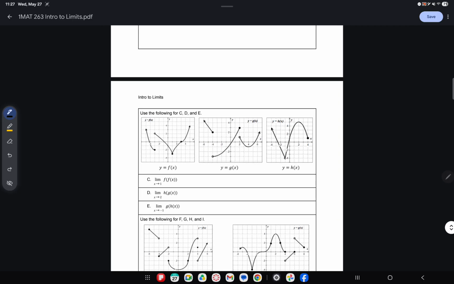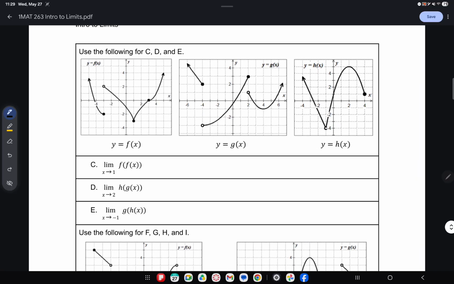Let's look at some more. Both of those were examples where it was like a function within a function of itself. So let's look at some different ones here. This first one's not a very good one because it's another f of x, but it's okay. Let's do the inside. So u is going to be the limit as x approaches 1 for f of x. So 1 is what? -3.